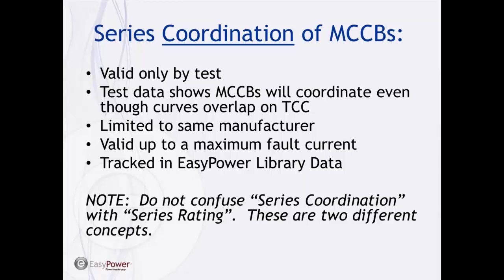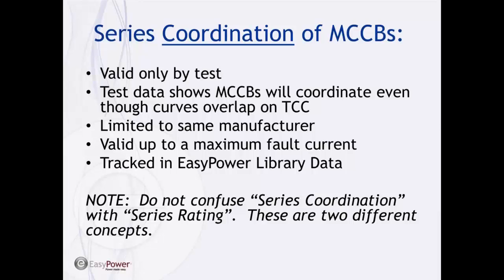So if you've got a Cutler Hammer breaker and a GE breaker in series, there will be no series coordination test data for those two breakers. Pretty sure. So that's another limitation. In this series coordination, there will be a maximum fault current stated in the test data. So above that maximum fault current, they will not reliably coordinate.